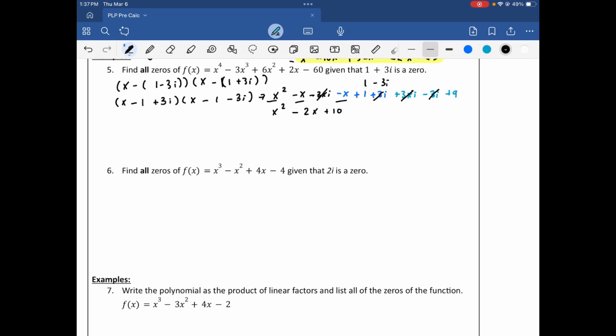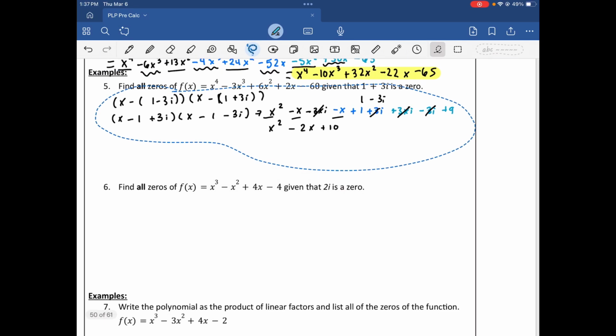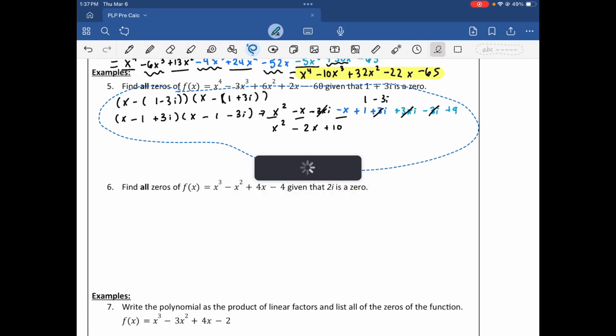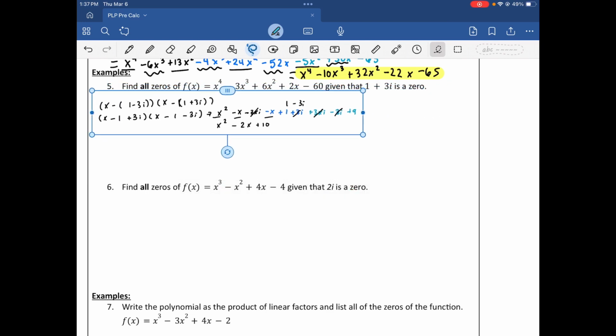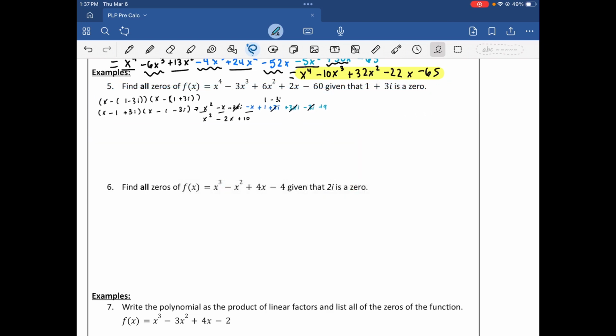So for a function, I'm going to shrink all of this down just so I've got a little bit more room to work with. Right up here in the corner so it's still there. Okay.